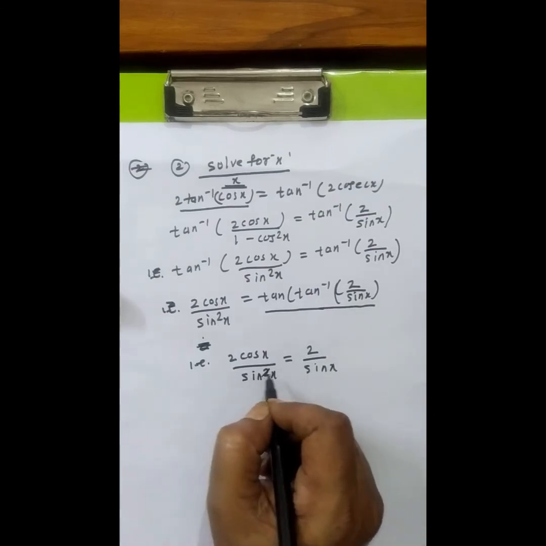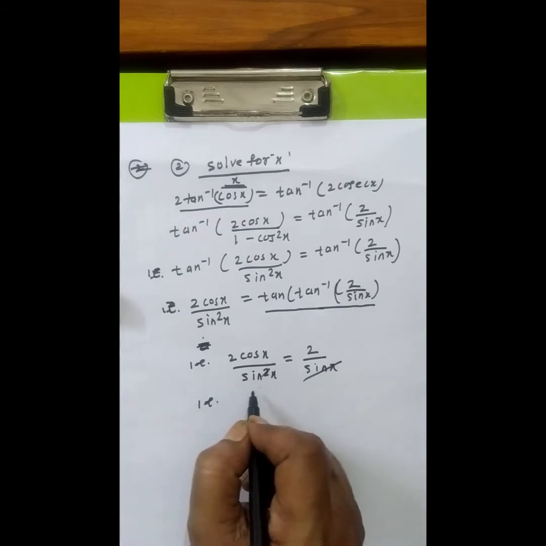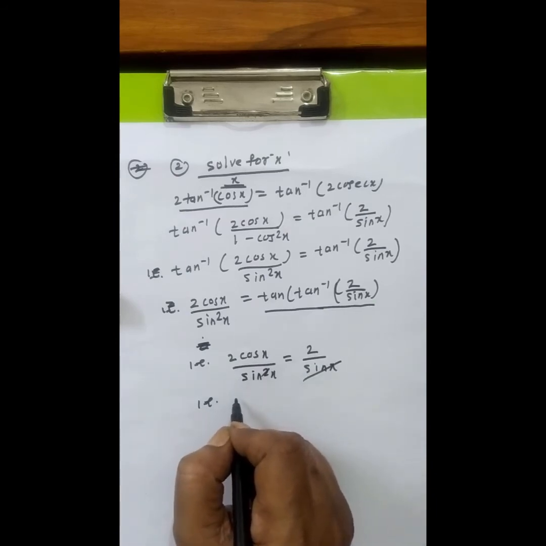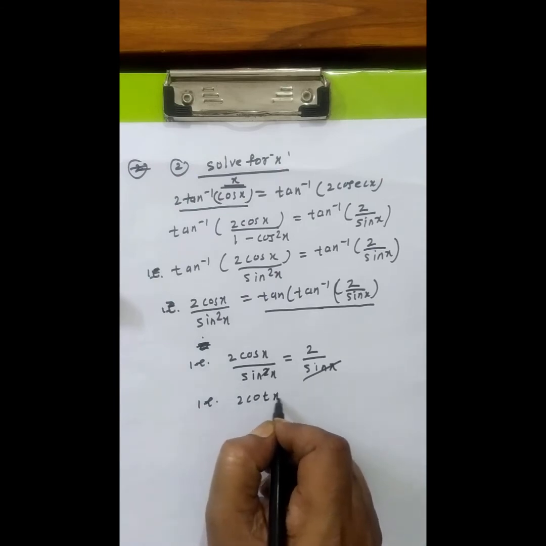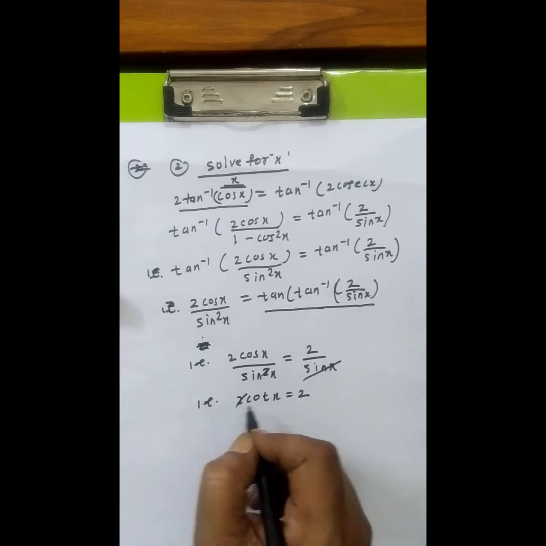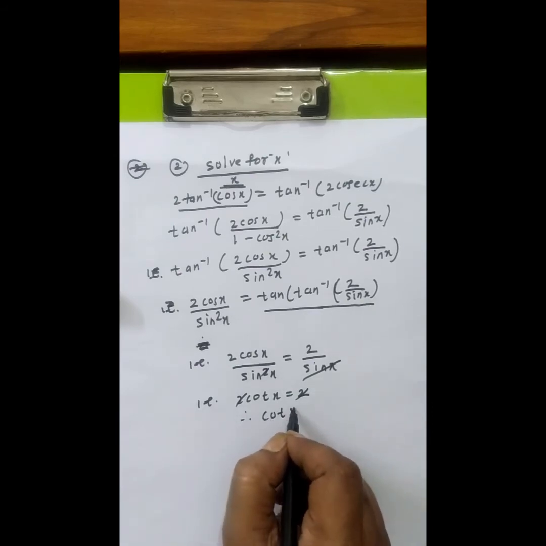So one sin on both denominators will get cancelled. That is 2 cos x by sin x, we can write 2 cot x equals 2. So this 2 also we can cancel. Therefore cot x is equal to 1.